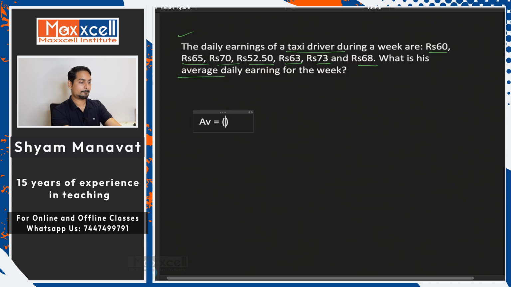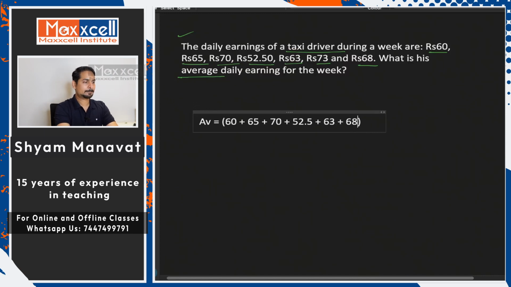What are the values? 60 plus 65 plus 70 plus 52.5 plus 63 plus 68. And that all divide by 7 because there are 7 values.